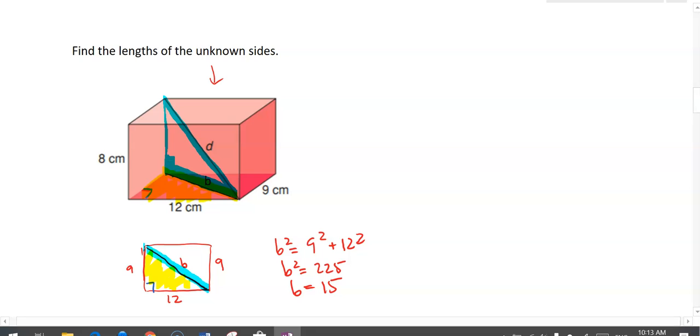Where this distance here in my triangle is 8, this distance here is 15, and I want to find D. So now I know that D squared equals 8 squared plus 15 squared. So I had to use that information in that triangle.